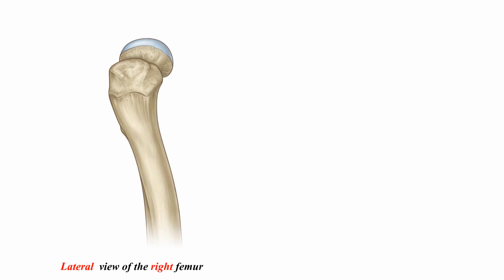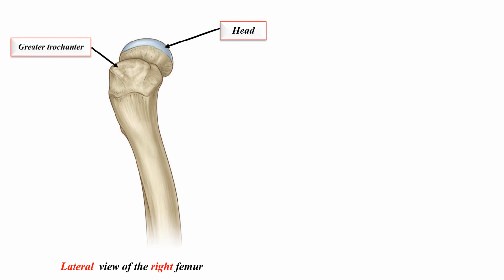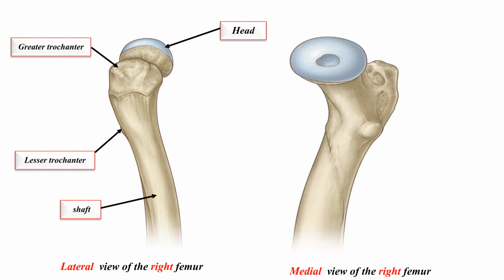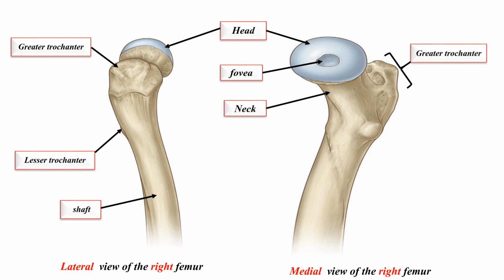This is the lateral view of the right femur. This is the head of the femur, the greater trochanter, the lesser trochanter, and the shaft of the femur. This is the medial view of the right femur. This is the head of the femur, capped by hyaline cartilage. This is the fovea capitis. This is the neck of the femur, the greater trochanter and the lesser trochanter.